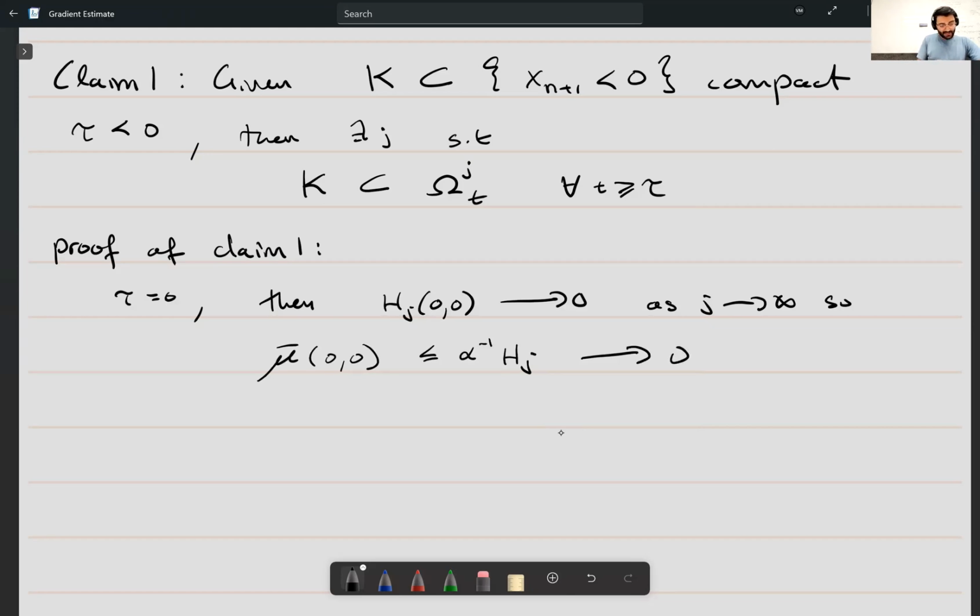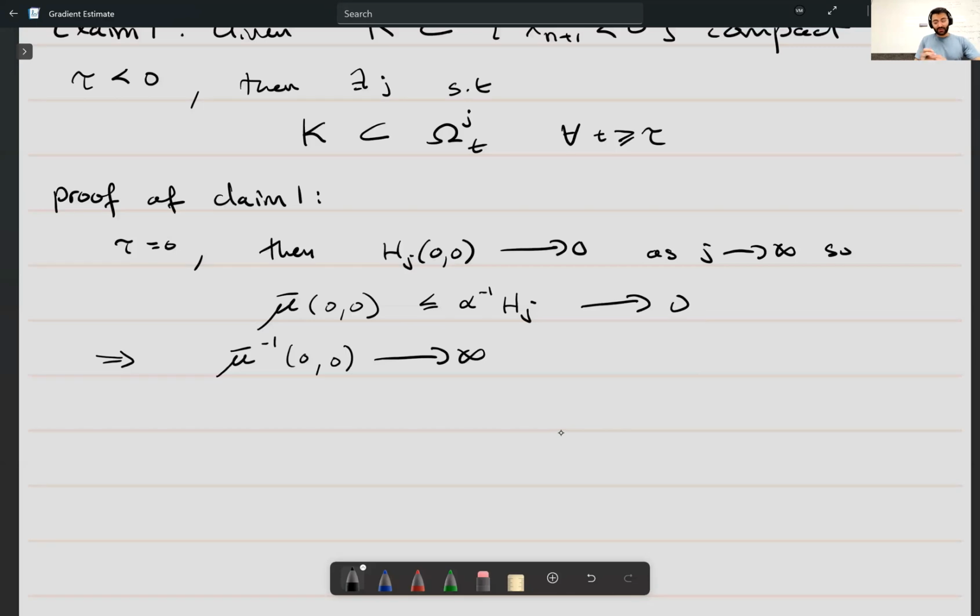But that implies that the inscribed radius, mu inverse, goes to infinity, right? So there is a ball of arbitrarily large radius. If I make J large enough, I can fit an arbitrarily large ball in the lower half plane in the interior of omega jt. So therefore, K is in omega j 0.